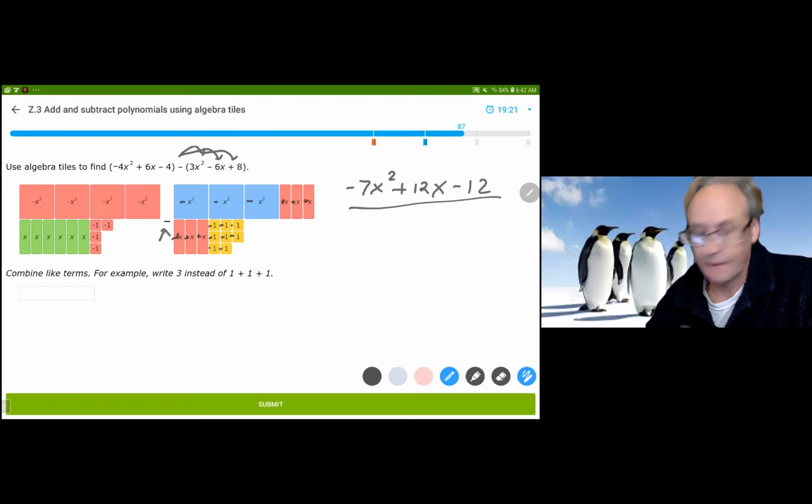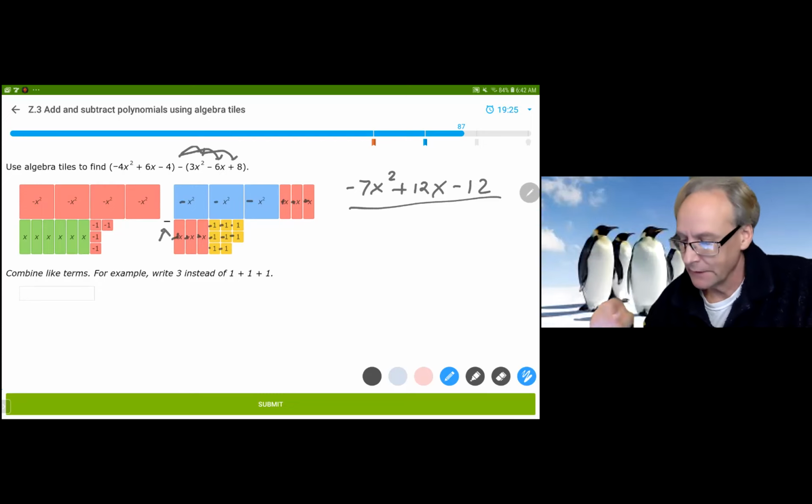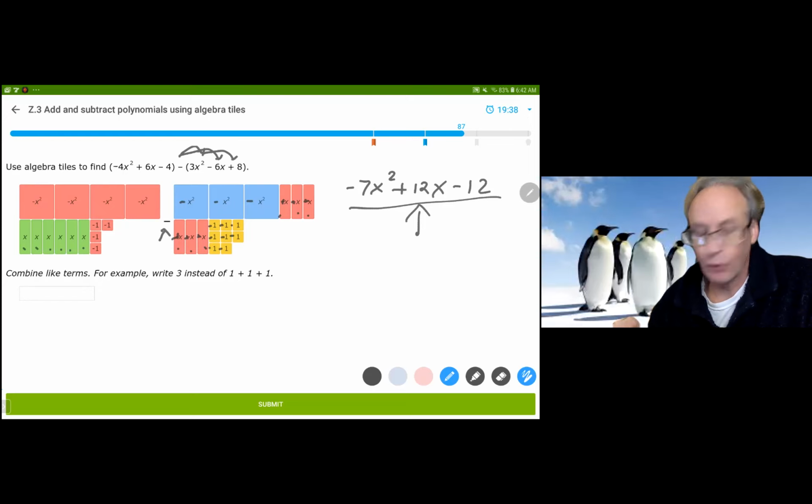If we were doing real algebra tiles, we'd literally flip them over onto the other side, wouldn't we? Because we're subtracting them. And then we're adding 1, 2, 3, 4, 5, 6, and 7, 8, 9, 10, 11, 12 of them, which is my 12x. And then I've got 4 negatives with, looks like 8 more of them, which gives me a total of 12 negatives.